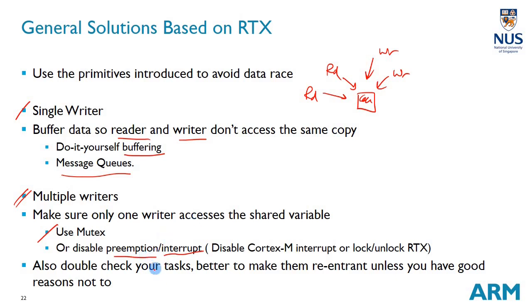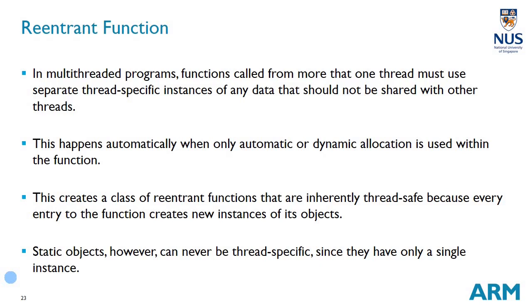Another important thing you can do is make your functions re-entrant. Re-entrant functions are functions where, if multiple tasks are using the same function, we ensure that the data used within the function does not get corrupted in any way.